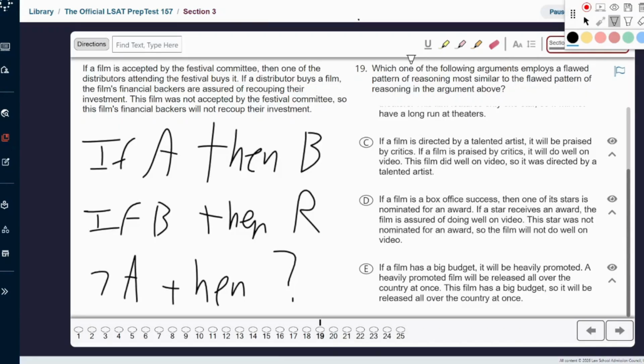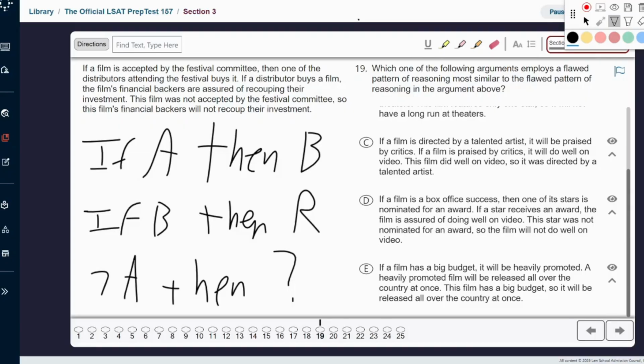C says, if a film is directed by a talented artist, it will be praised by critics. So far, so good. This is a sufficient condition. I need this next one to say, if it's praised by critics, which it does, it will do well on video. Sure, we don't know what this one's going to be. It could be something completely different, and it is. This film did well on video.